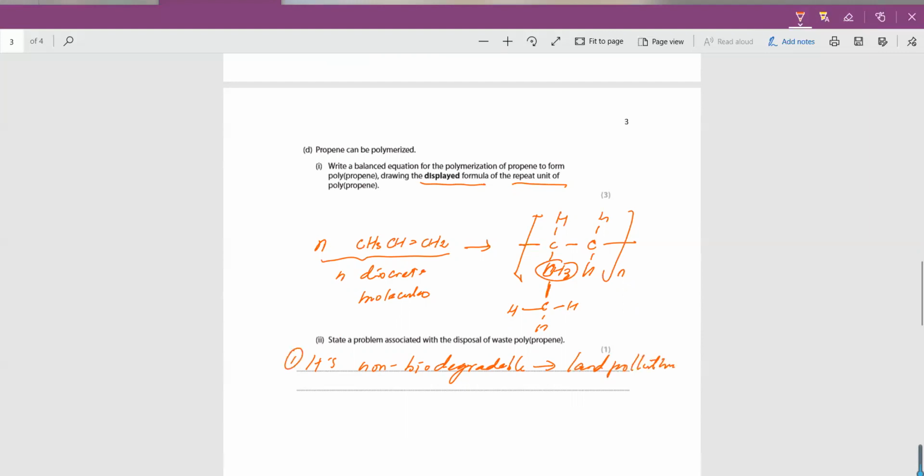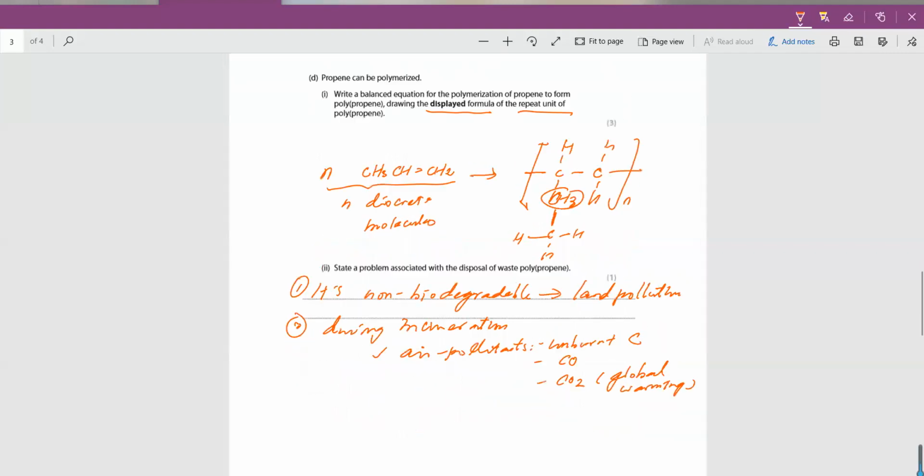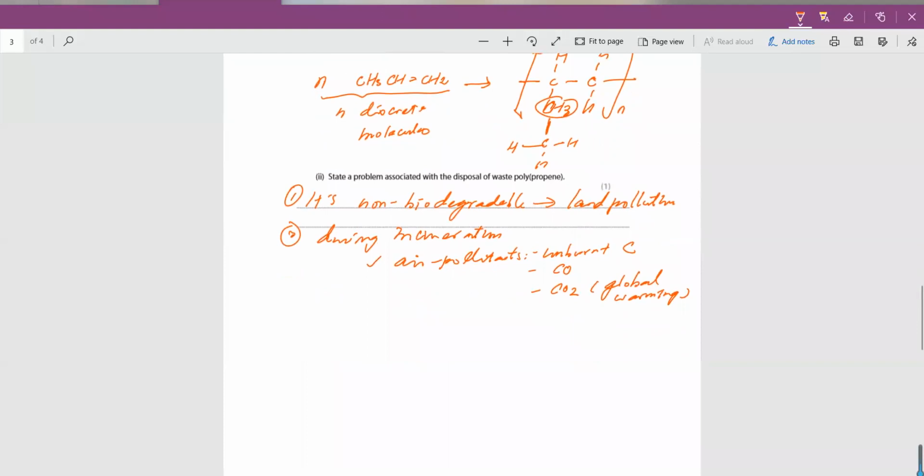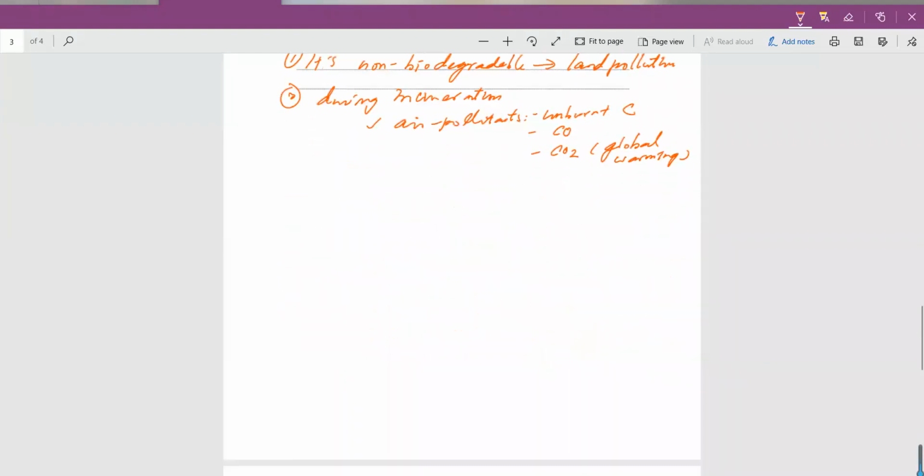Or, during incineration, it will produce a lot of air pollutants, like unburned carbon, carbon monoxide, or even carbon dioxide, which can enhance global warming. You can find all this information from your textbook. This is IGCSE level actually.